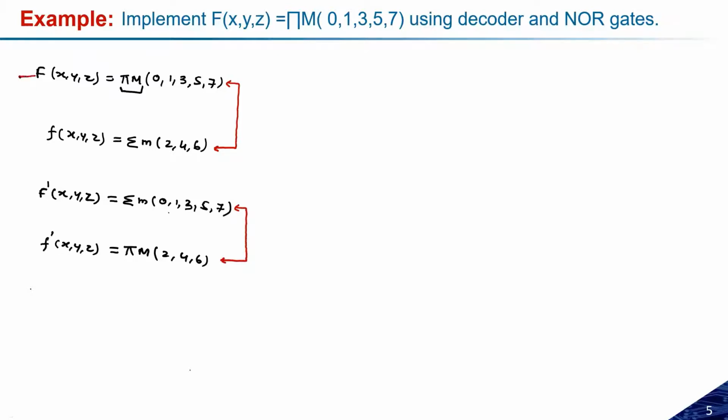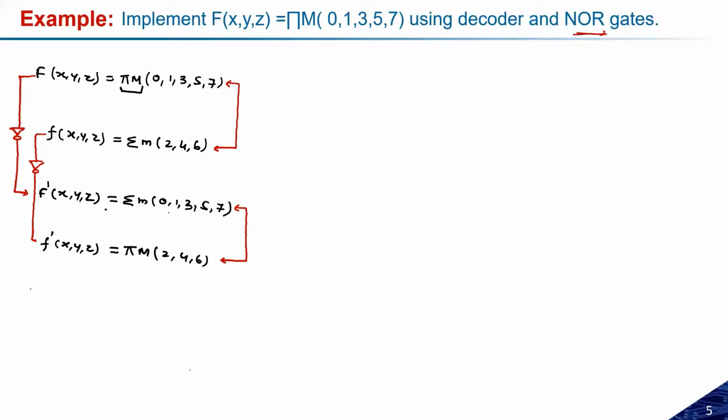This one is the complement of this one, and this one is the complement of this one. So this is how you can find the complement, because you need NOR.